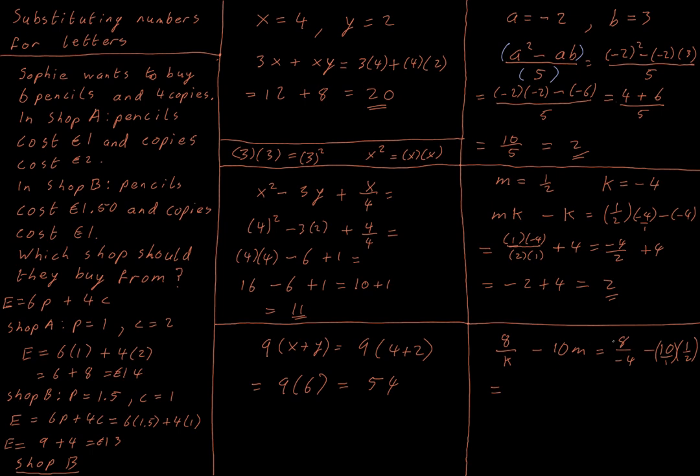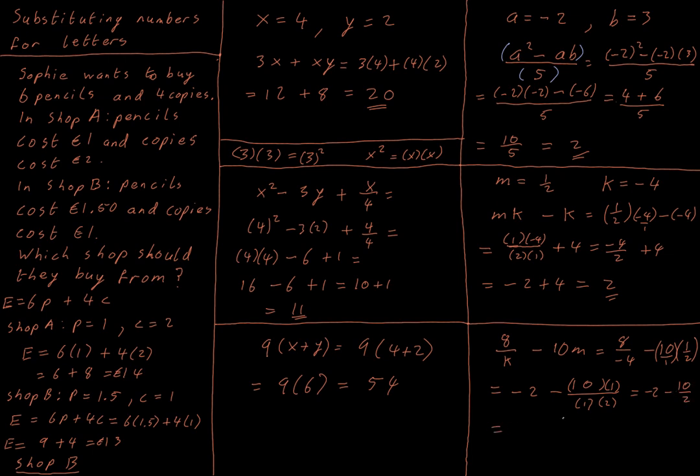So I have plus divided by minus is going to give me minus. 8 divided by 4 is going to give me 2. And then I have top by top, bottom by bottom. 10 multiplied by 1 all over 1 multiplied by 2 is equal to minus 2 minus 10 all over 2.